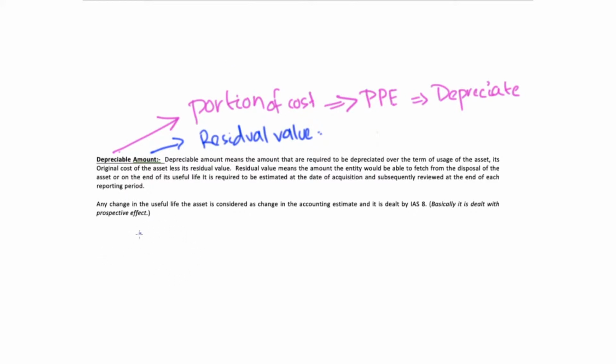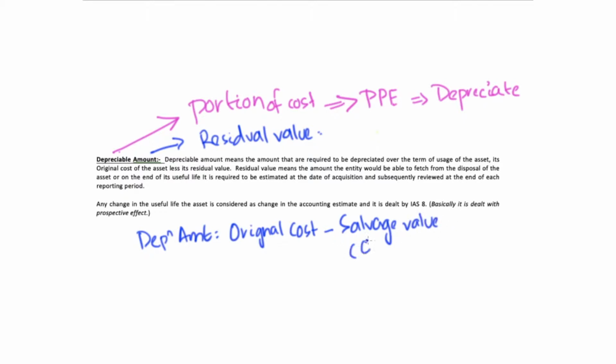Now, the depreciable amount is computed as follows: you take the original cost of the asset, the total cost of the asset, minus the salvage value that you're going to obtain at the end of the useful life. At the end of the useful life, you will get a net balance.